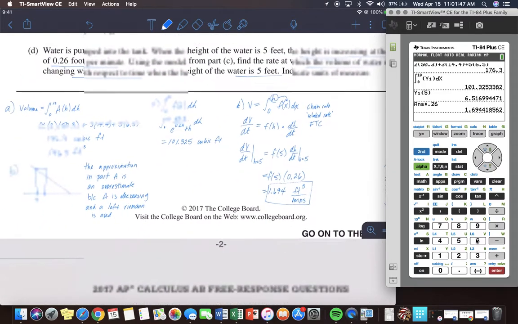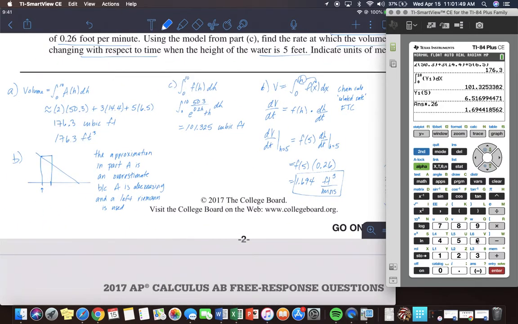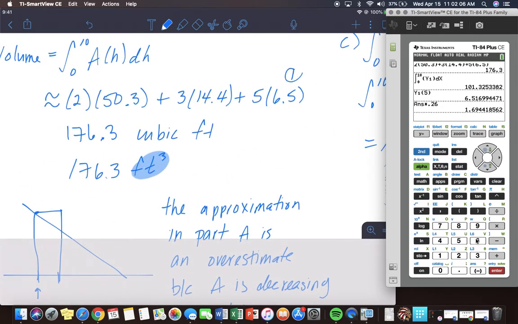All right, let's talk about some points on this one. Where would they give you the points? Right off the bat, as long as you have the correct units in parts A, C, and D, that would get you 1 point. For part A, you'd have 1 point for setting up your left Riemann sum and then 1 point for your approximation.